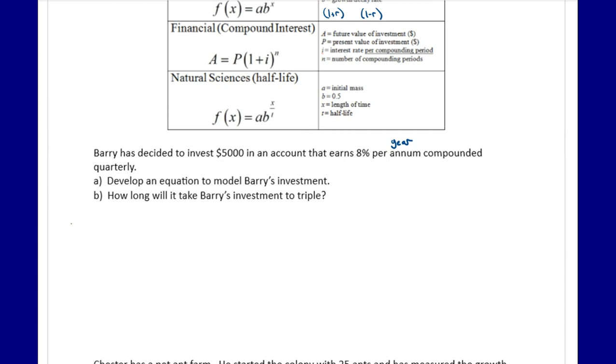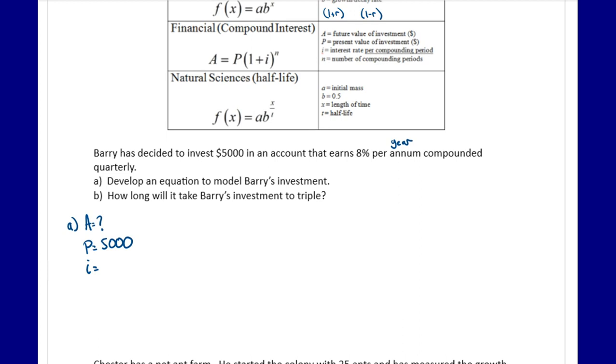So for A, if we want to develop this formula, we're going to be using the second one here, A equals P times 1 plus I to the power of N. A, we don't know, our future value. P we do know, it's $5,000. I is the interest rate per compounding period.